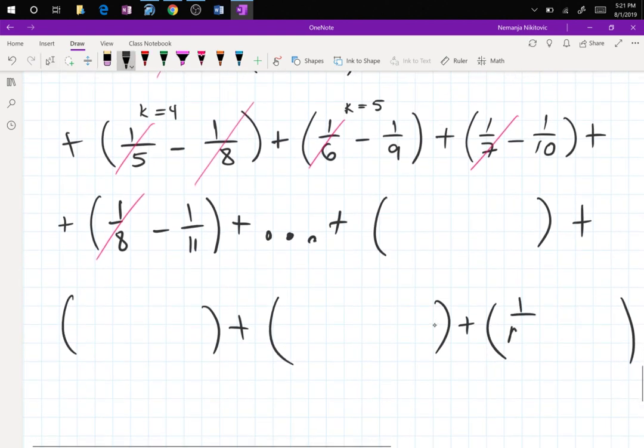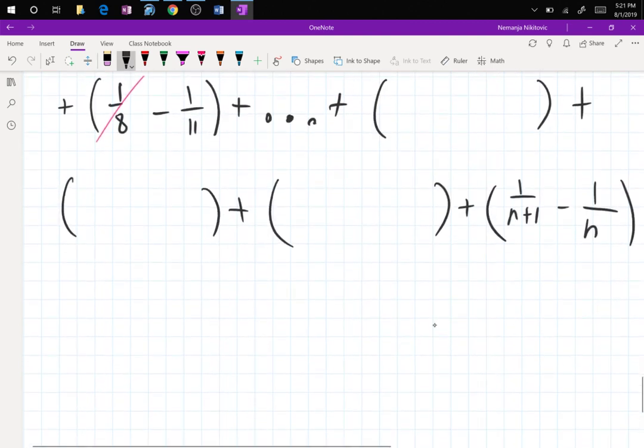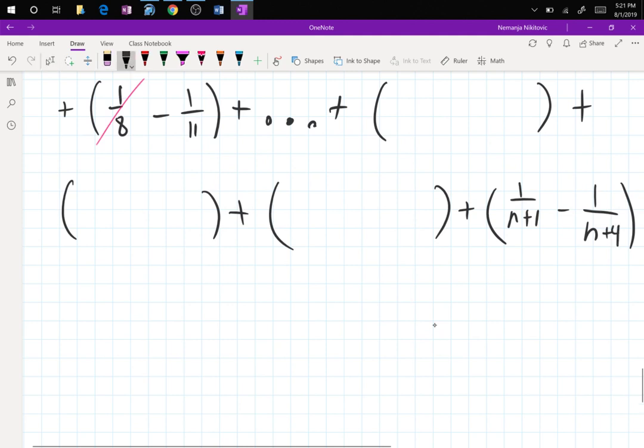So it's 1 over n plus 1 minus 1 over n plus 4. Now the previous parenthesis, the one before this, is going to reduce these denominators down by 1. So it's 1 over n minus 1 over n plus 3.